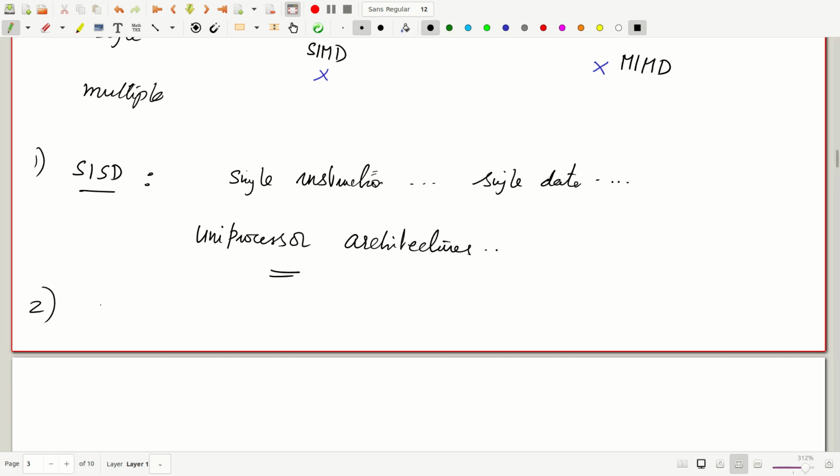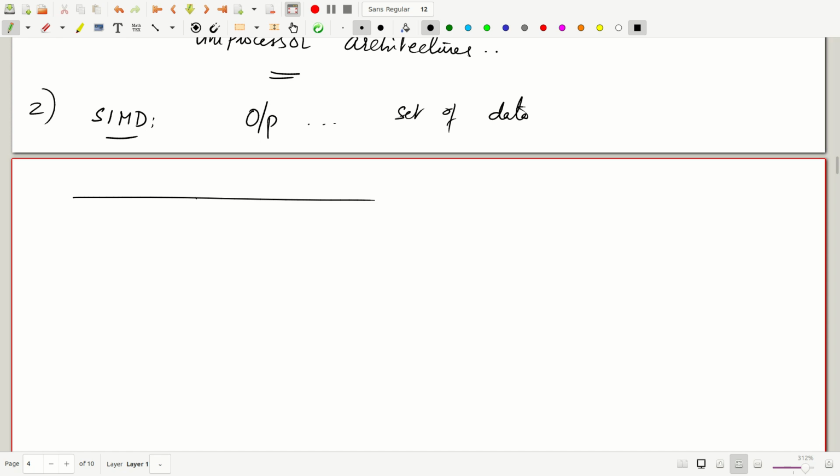Okay, and the second one is single instruction stream, multiple data stream. That means we want to do only one operation on a set of data. Okay, that means we have a set of data which is, let's say, a vector like this, and we want to divide this vector into several parts, and each of the parts will be dealt with by a different process.